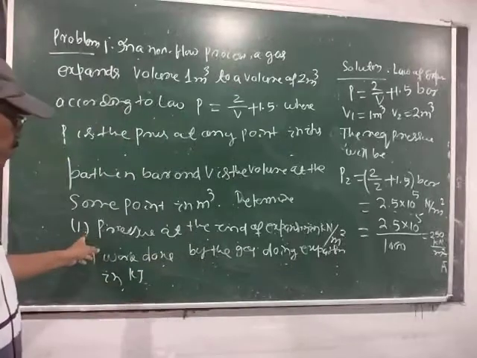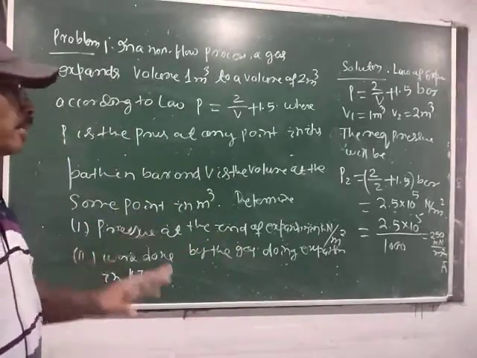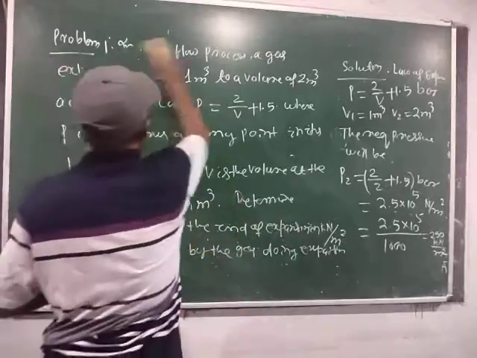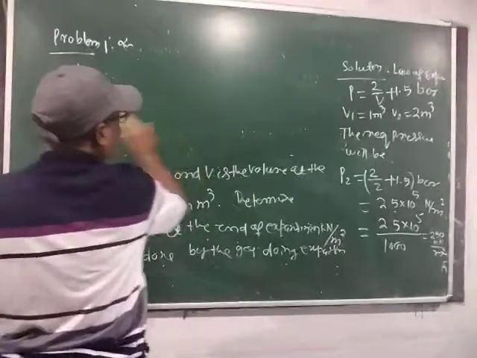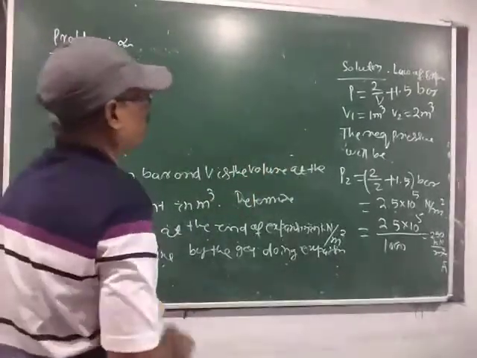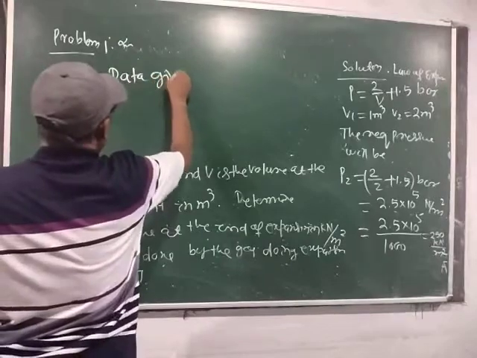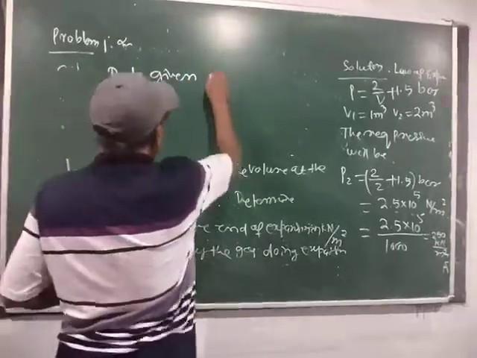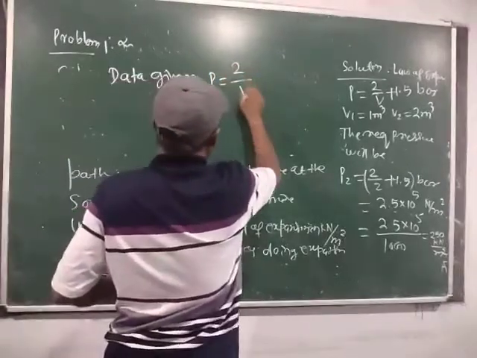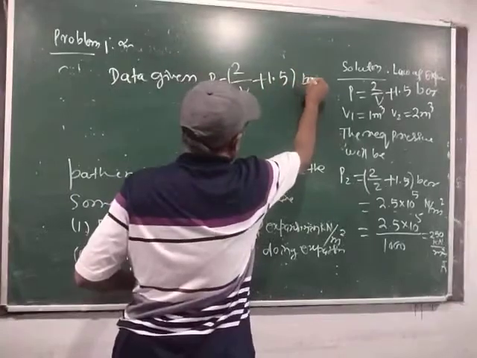Determine the pressure at the end of expansion in kilonewton per meter square. First of all, the data given. Law of expansion is given by P is equal to 2 by V plus 1.5 bar.